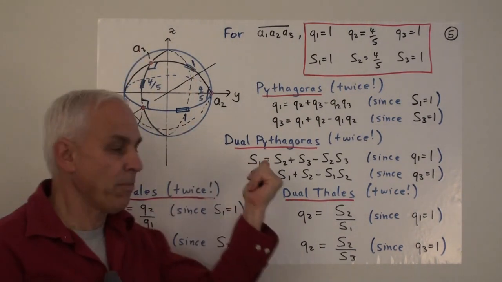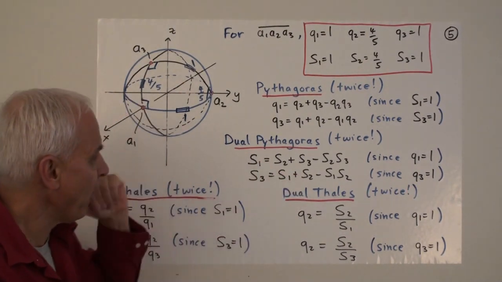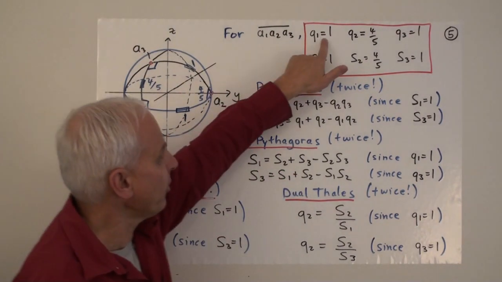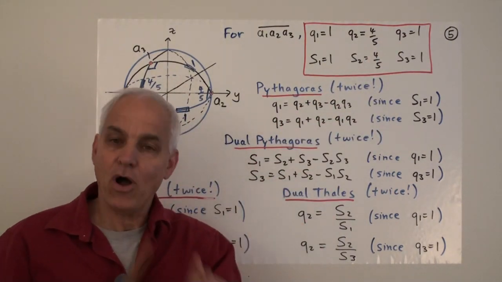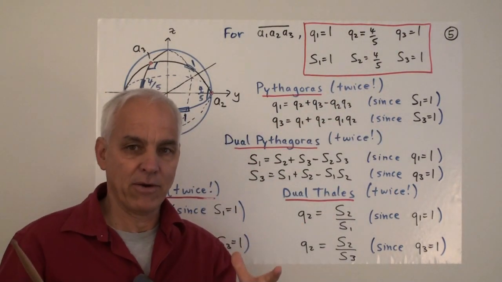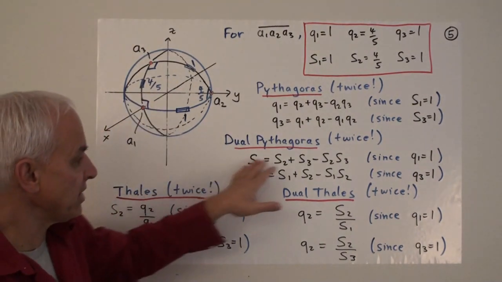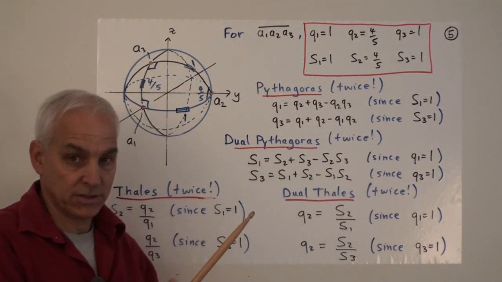And then there's also the dual Pythagoras' theorem because we also have quadrances which are equal to 1. If we have a quadrance of 1 in a triangle, we also get a kind of Pythagoras' theorem, but involving the 3 spreads rather than the 3 quadrances.